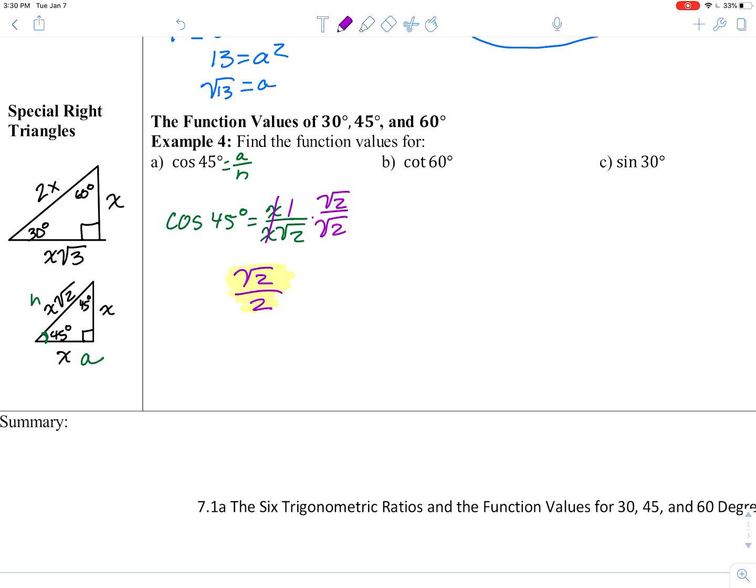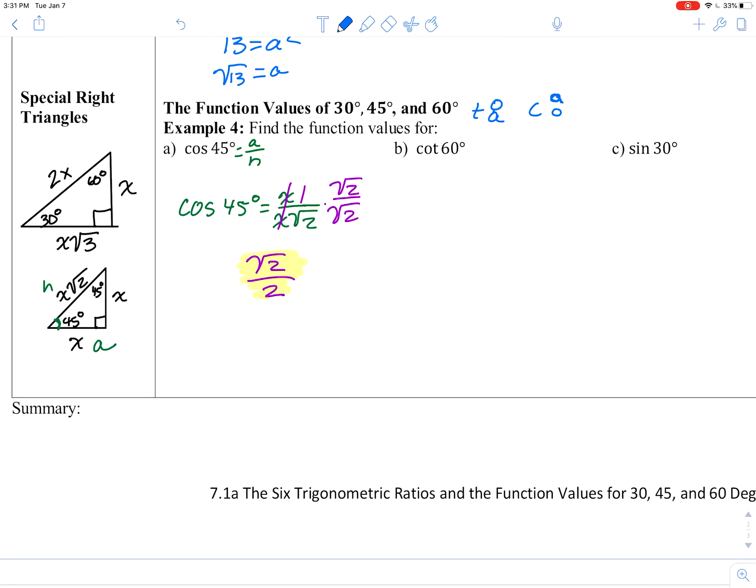Okay, cotangent of 60. So remember that cotangent is the reciprocal of tangent, which is TOA, and so we need A over O, right? So adjacent over opposite. I'm going to switch to a different color here. I'm going to come over here to my 60-degree angle, and I'm going to put my perspective there, and I need the opposite and the adjacent. So here's our adjacent. Here's our opposite of 60 degrees.